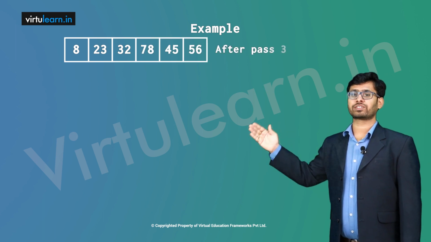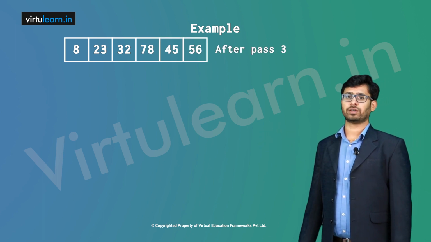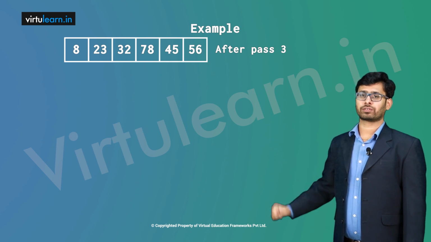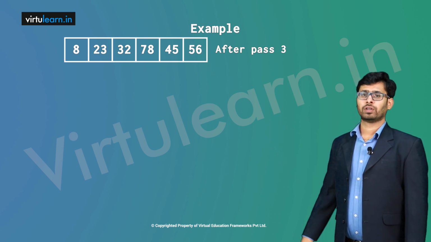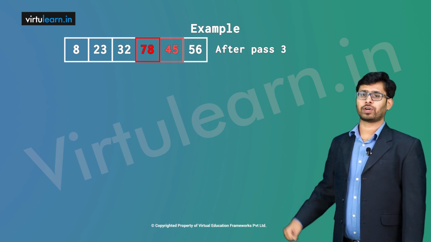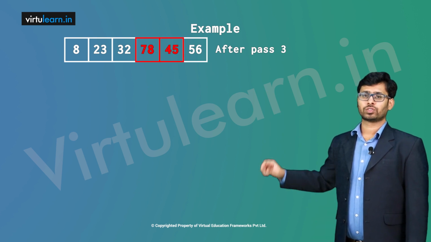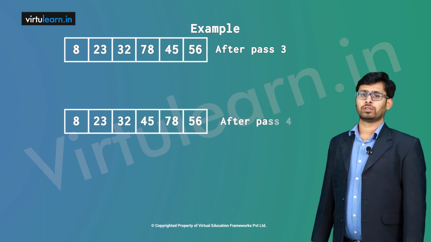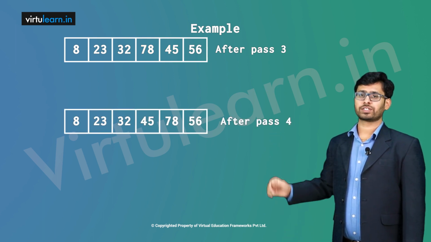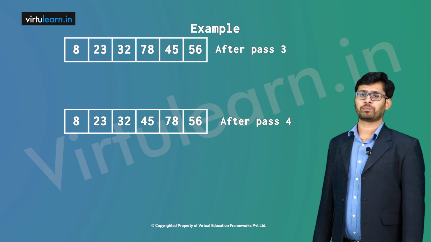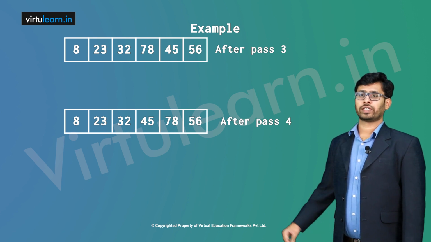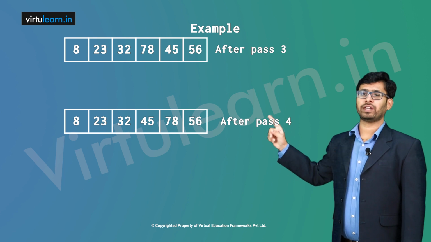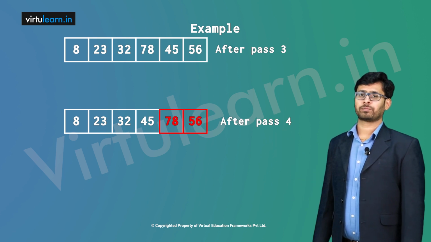Now we need to check the next element for pass 3, that is 78, 45 and 56. Now 78 comparing with 45. So 78 is greater than 45, swap it. Now 45 will be in the sorted list after pass 3. Next, in pass 4, we need to compare 78 with 56.